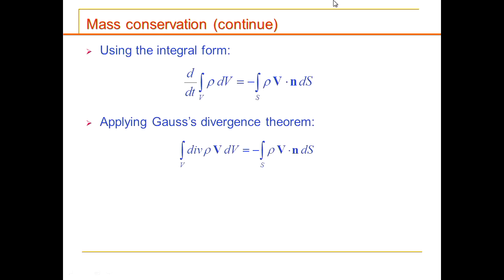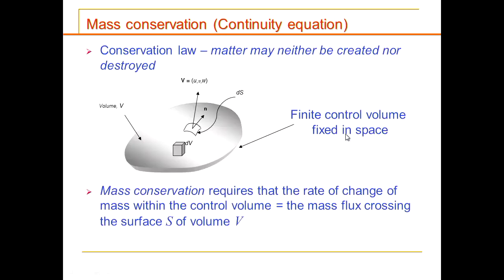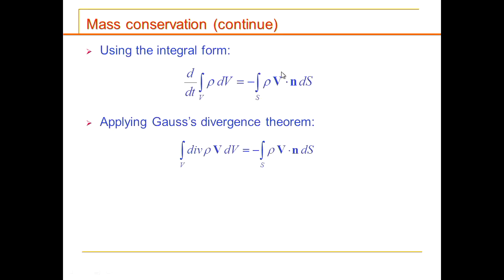Because the rate of change of mass, when it increases, that means you have more incoming mass flux. But if you look at this figure, the outgoing mass flux is pointing to the positive direction, so incoming is minus. So that answers your question. And the other question is why rho v dot n?